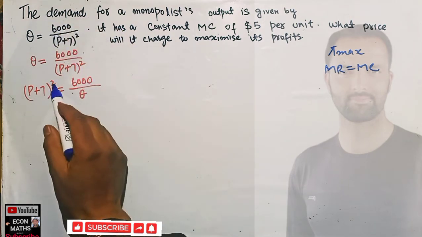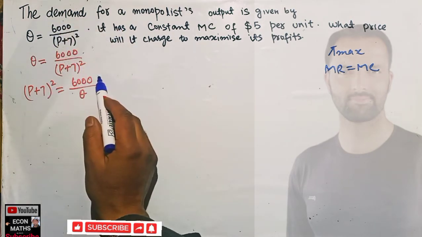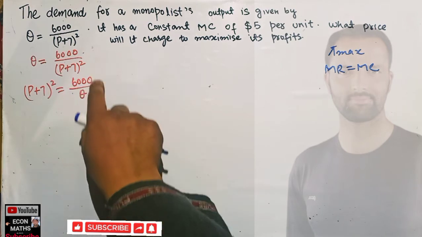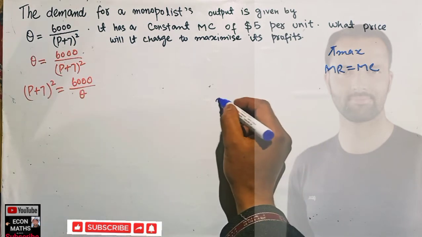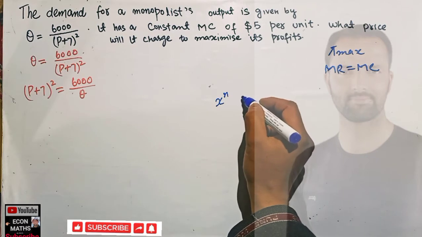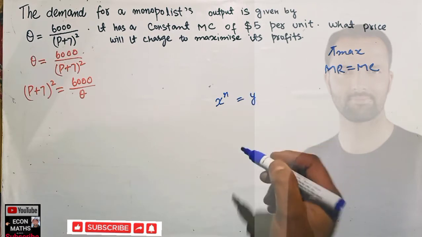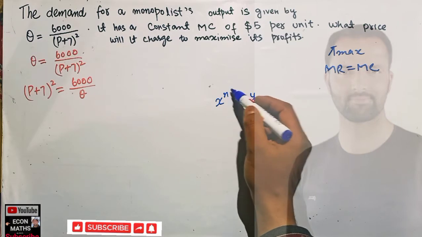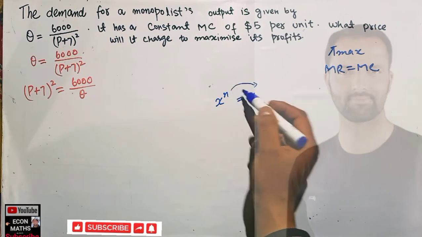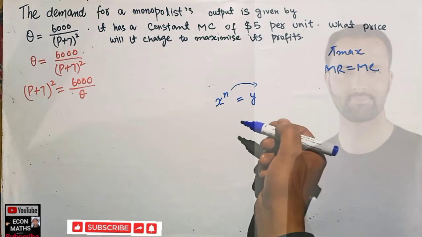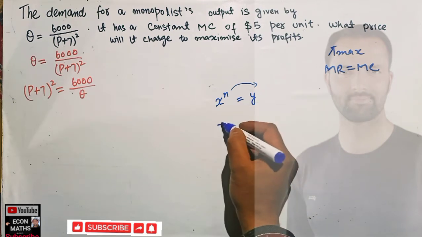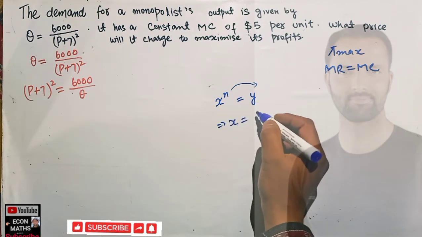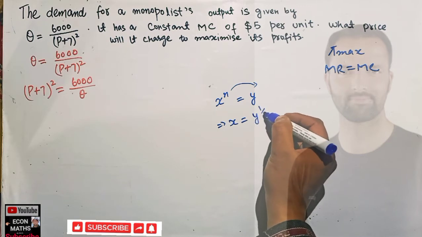Now, this square when transposed to the RHS will get reciprocated. If we have x to the power n is equal to y, and we want to remove this exponent, then x will be equal to y to the power 1 upon n.